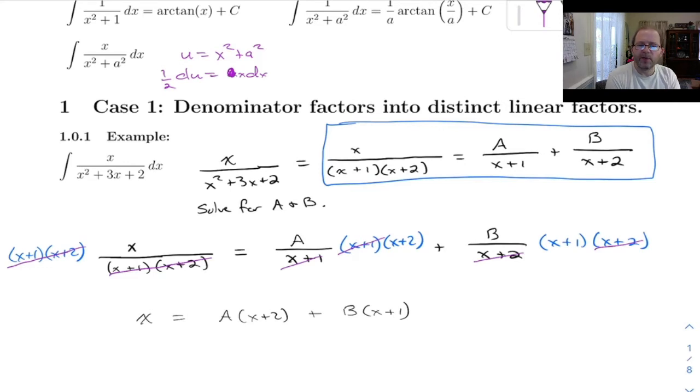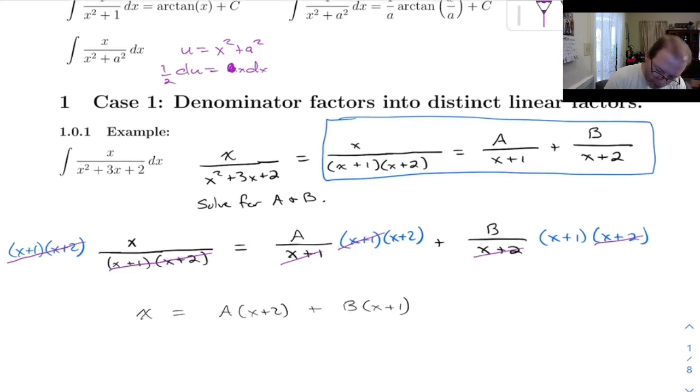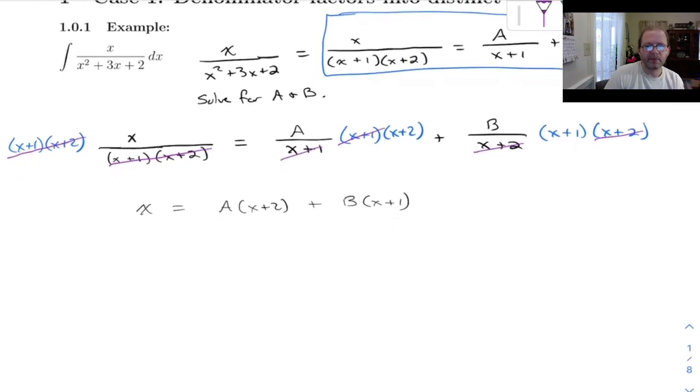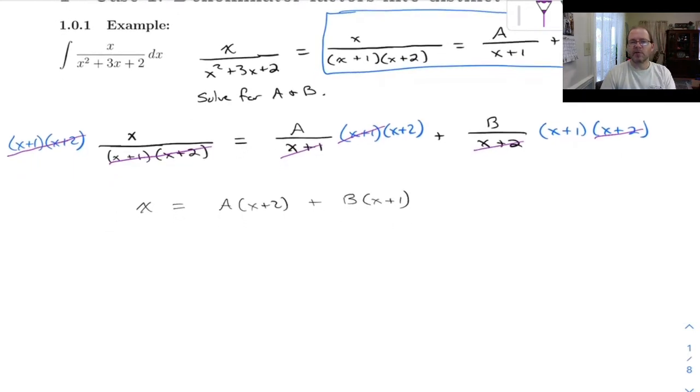Now there are a couple of different ways we can do this. One way, and this is not the fastest way, but it is the way that works all the time. So let's look at it. On this side over here, we've got 1x plus 0. Over here, I'm going to distribute my a and b through there.